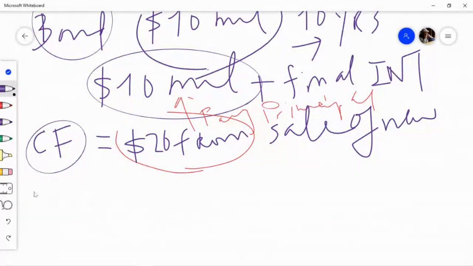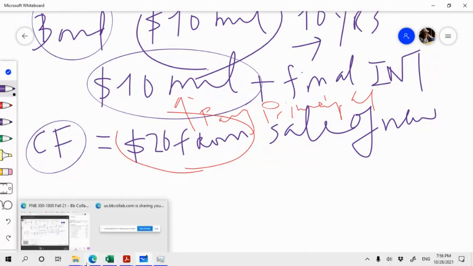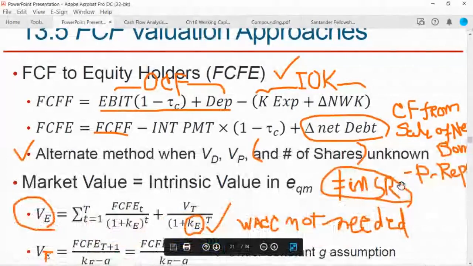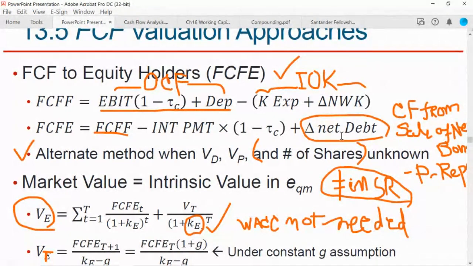Then the remaining 10 million becomes exactly the change in net debt, right? But it's cash flow, net cash inflow, right? Of course, the change won't be that drastic. It could be just a small amount. But then that will be the free cash flow to the equity holders.